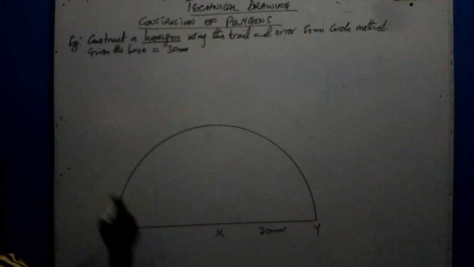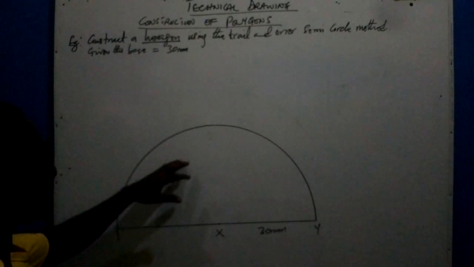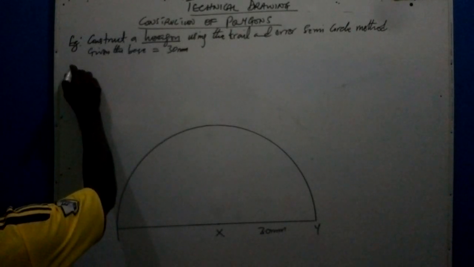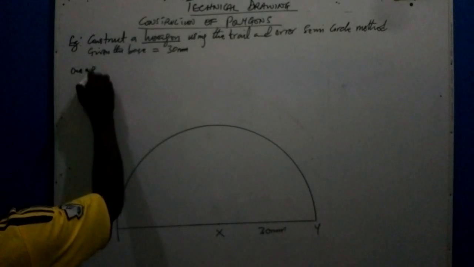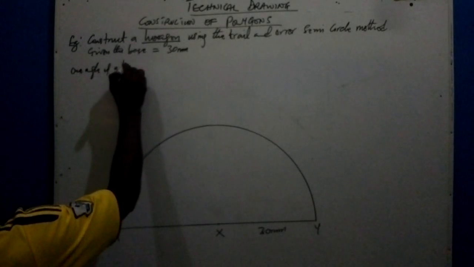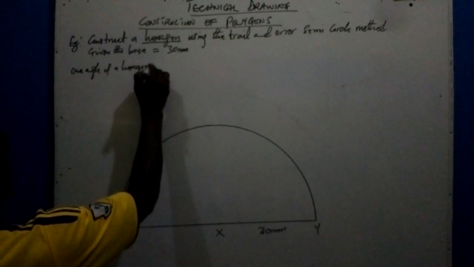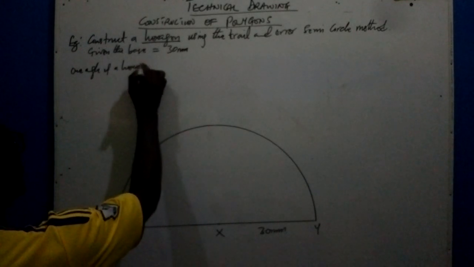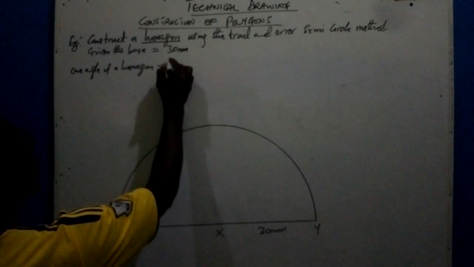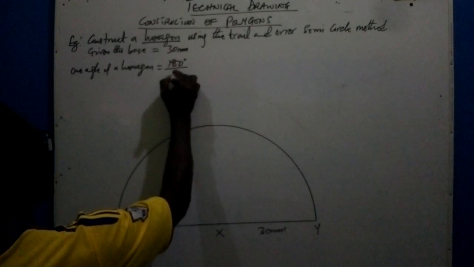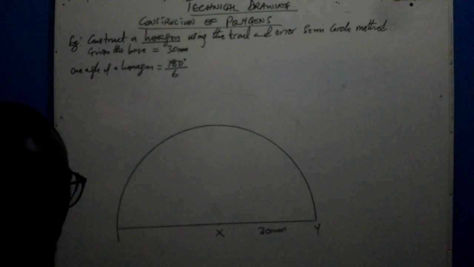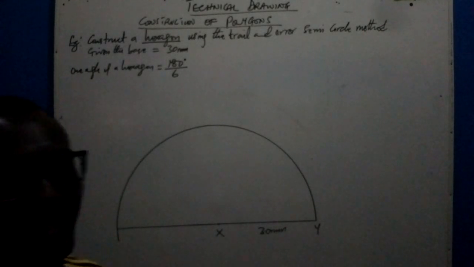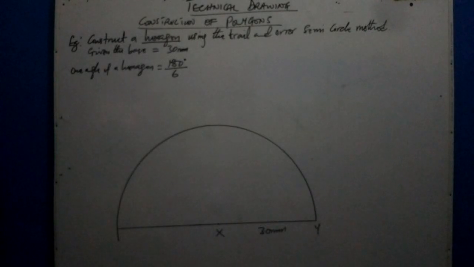If the total sum of a semicircle is 180 degrees, then to get one angle of a hexagon is equals to 180 degrees over 6.